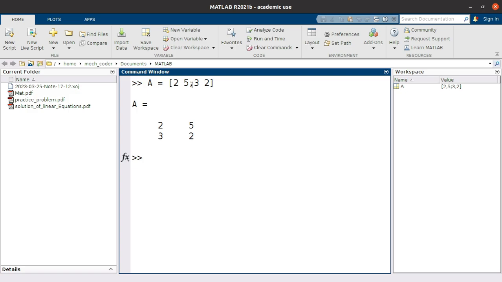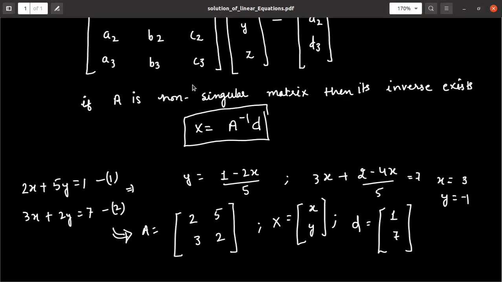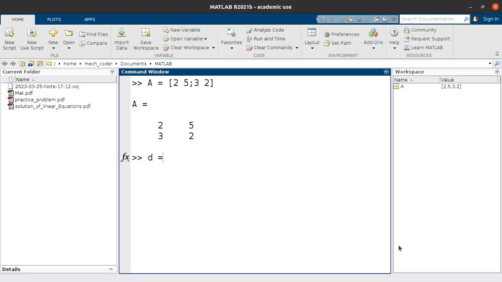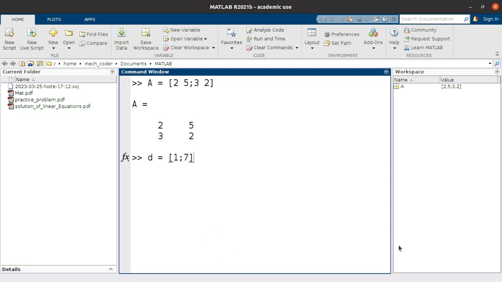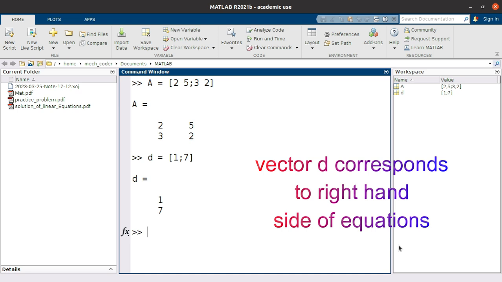Next we have to create this vector D, which is the right hand side of this equation. So D is 1 and 7. I will create a column vector. For that I will use square brackets and supply the elements in these brackets. So 1, and then the second row is just 7. If I press the enter key, vector D is created.